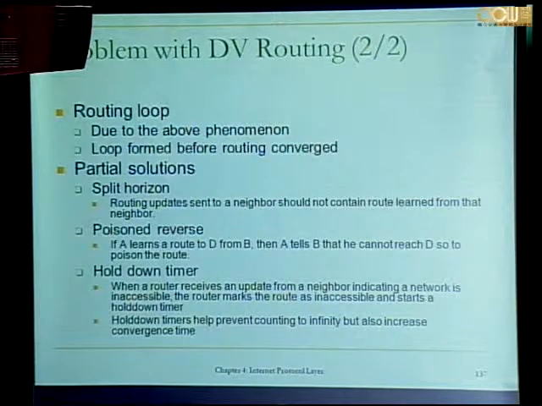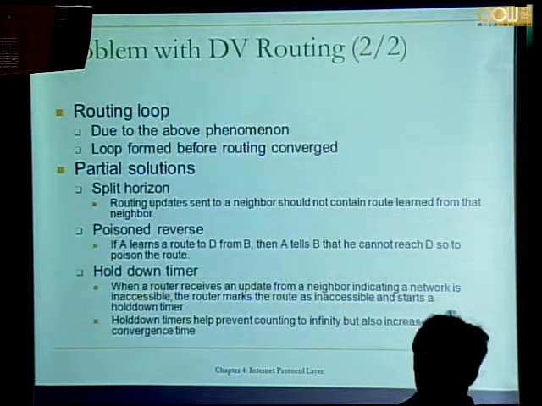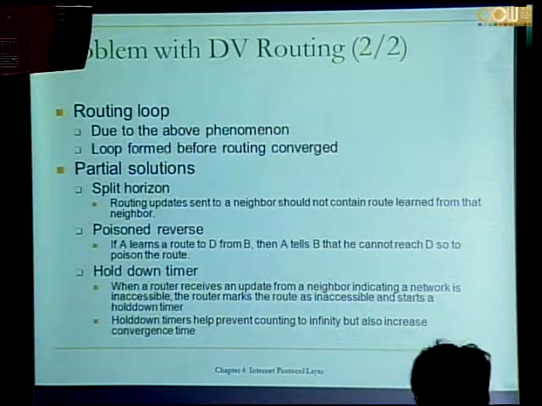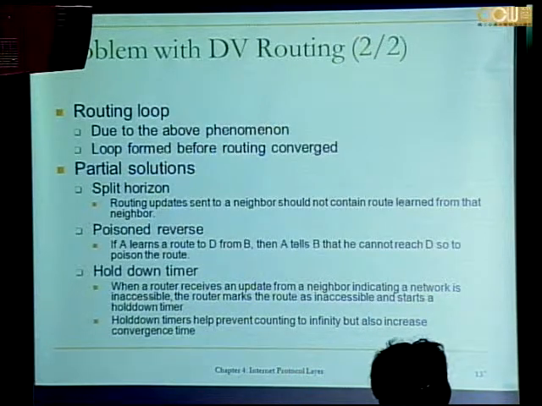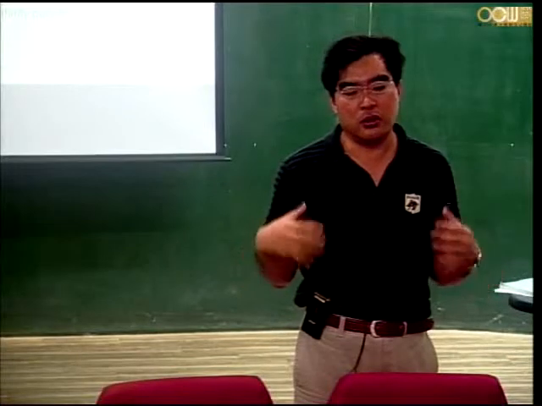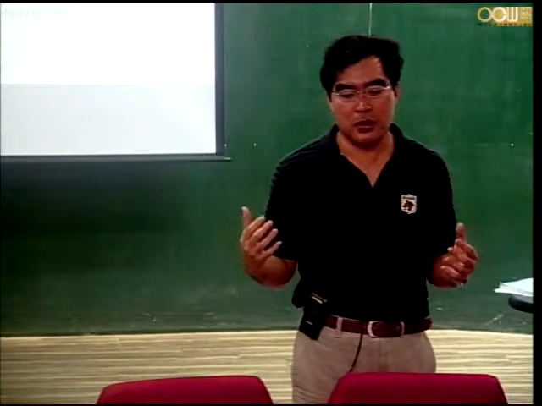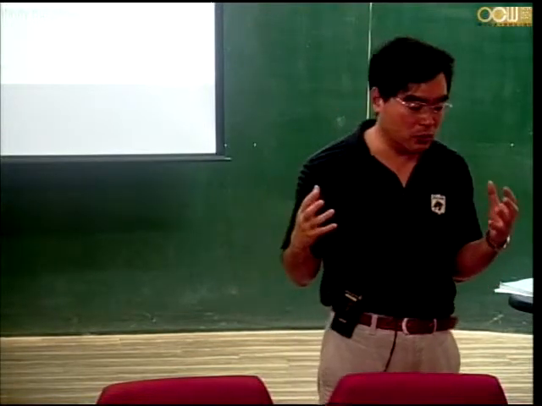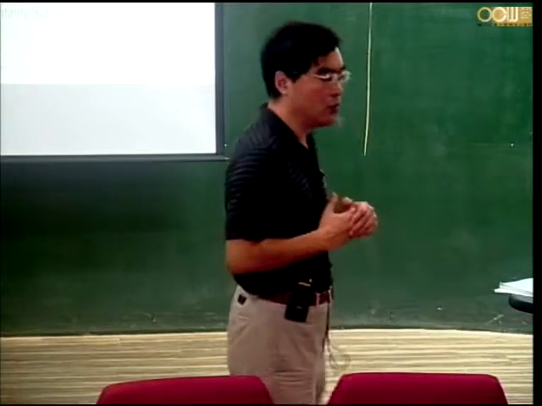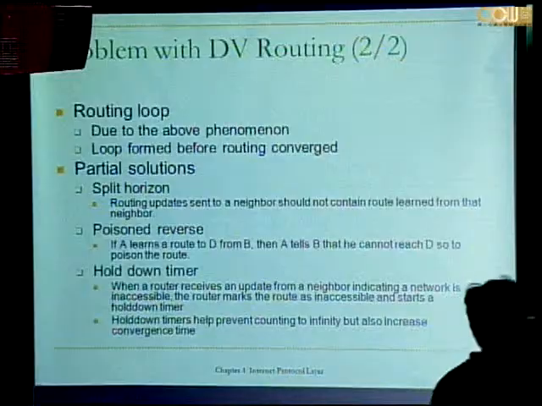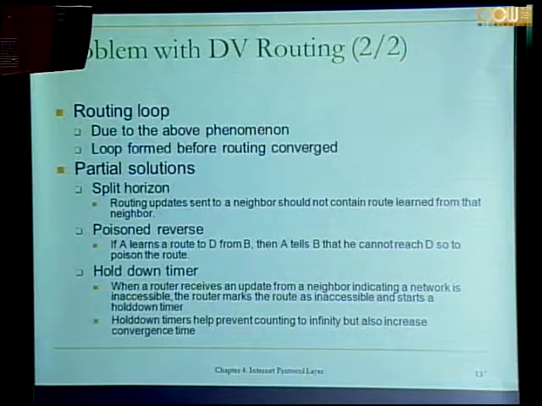But actually, you will see that distance vector is used in the internet backbone. And indeed, the routing tables in the backbone routers take a longer time to converge because they use distance vector.